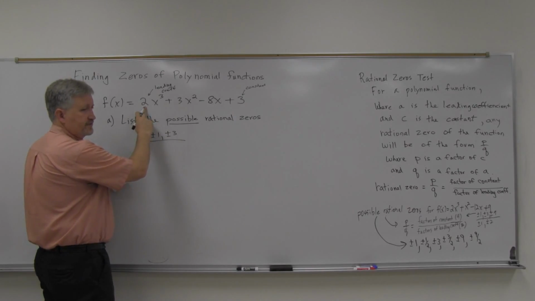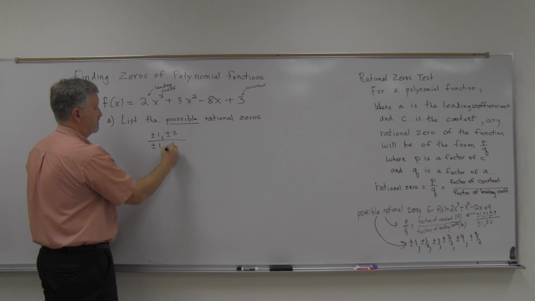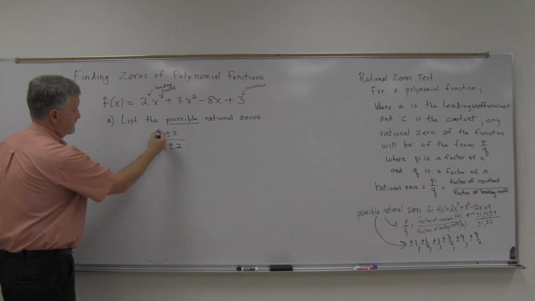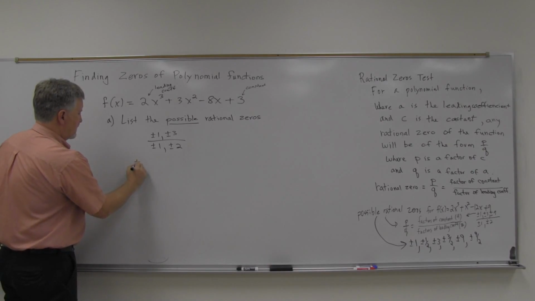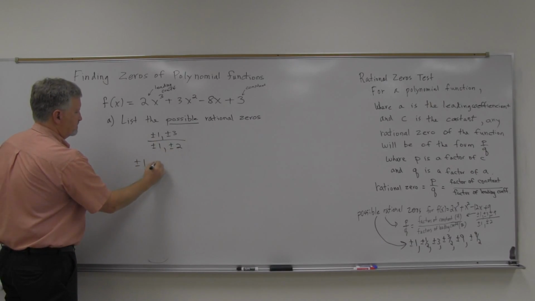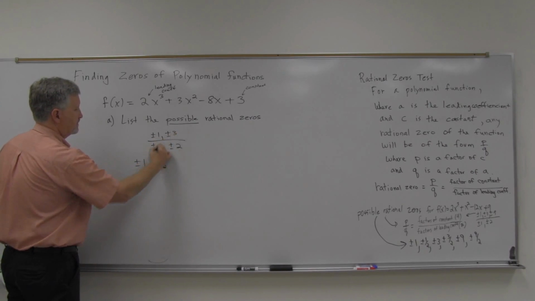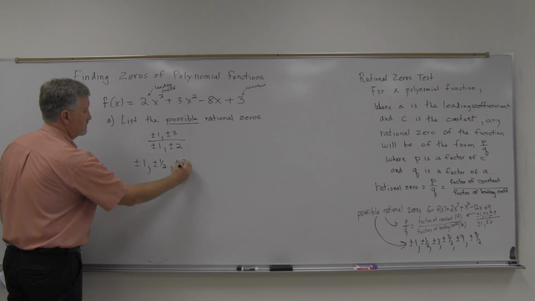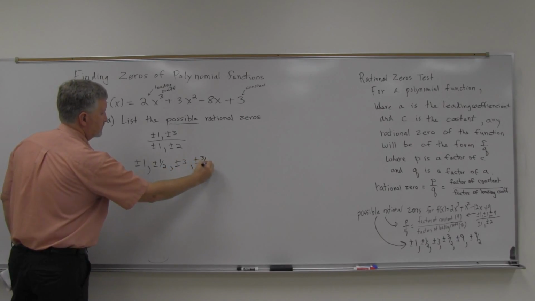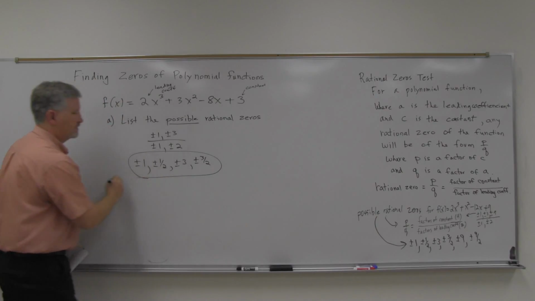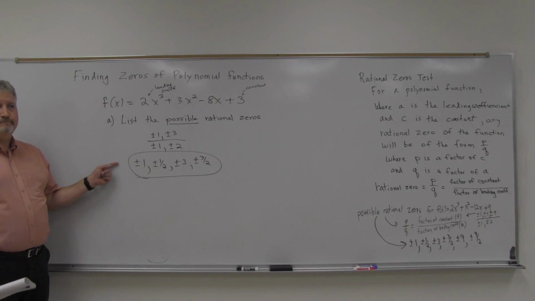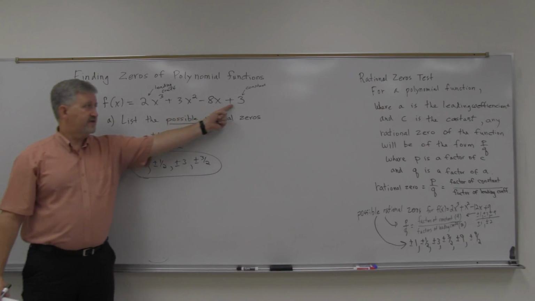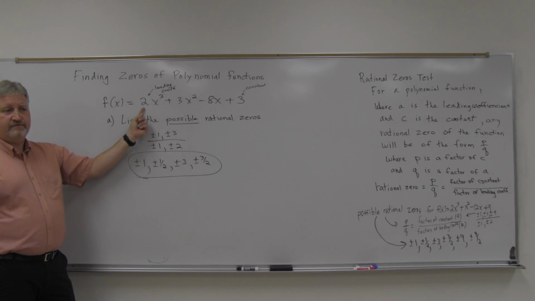Then the factors of the leading coefficient are 2 and 1, so plus or minus 1, plus or minus 2. The list is going to be each one of these divided by each one of these: plus or minus 1, plus or minus a half, plus or minus 3, plus or minus 3 halves. So those are my possible ones. See where I get those? It's just factors of this divided by factors of this.